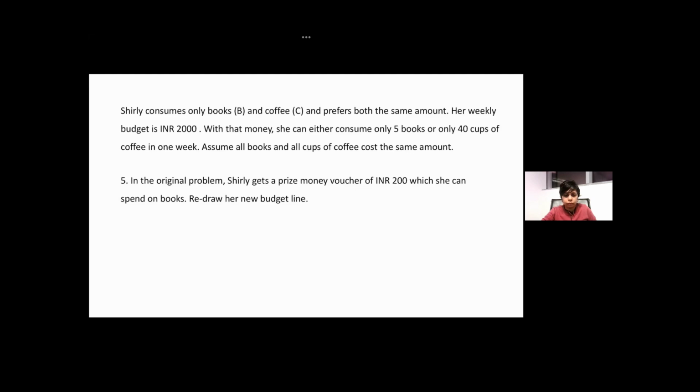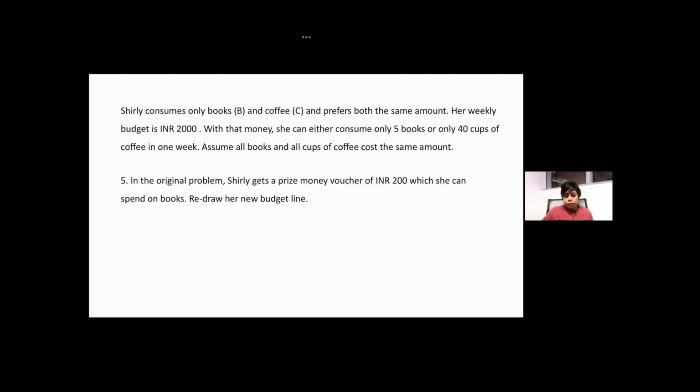Ma'am, the number of books that she can buy will increase, and there will be a rectangle kind of a thing which will come next to the axis of C, which she cannot buy, coffee side. That will go out of the budget set. Can you draw the diagram and send it to me? You can just take a picture of the diagram and post it in the messages. Ma'am, I think that's not permitted, is it? Yeah, you can send. It allows all media. Okay, ma'am, I'll just draw it.